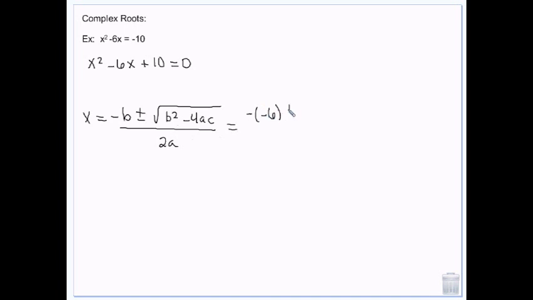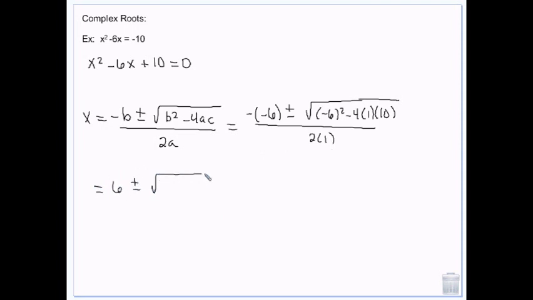So I have -6 plus or minus the square root of -6 squared minus 4 times 1 times 10 over 2 times 1. So I'm going to get 6 plus or minus the square root of 36 minus 40 over 2. So that's 6 plus or minus the square root of -4 over 2.